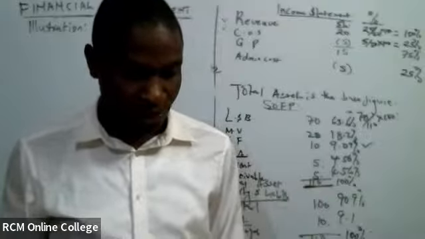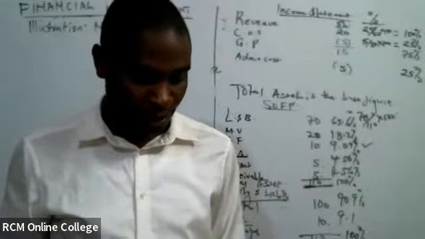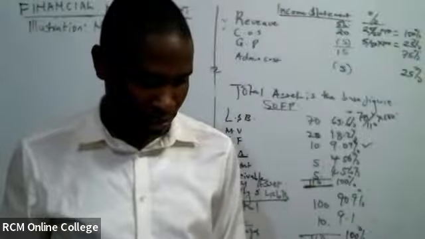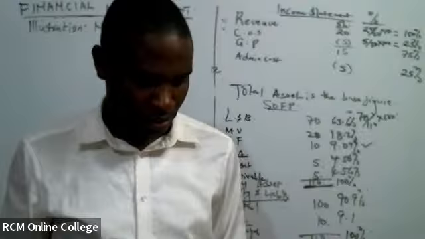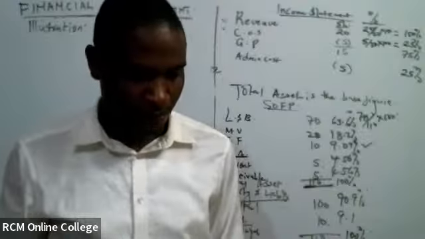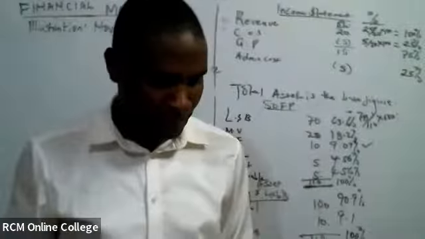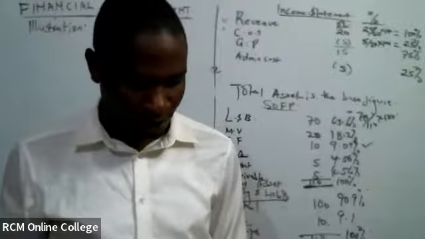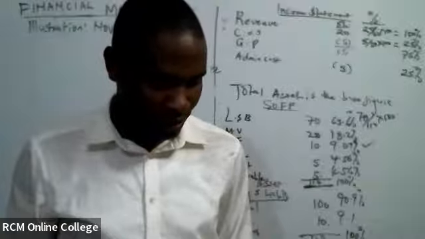You just need to use the common size method to analyze the statement. So I read the question and then you do it within maybe 10 minutes, you'll be done.